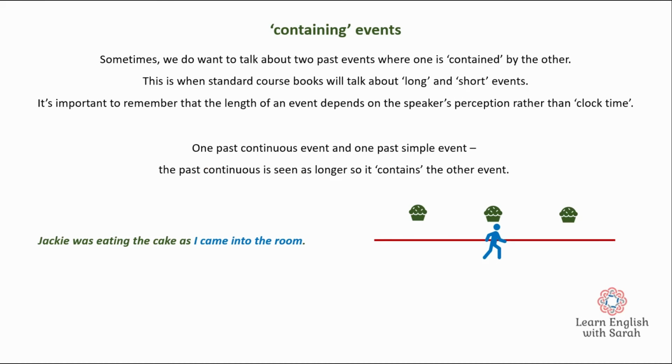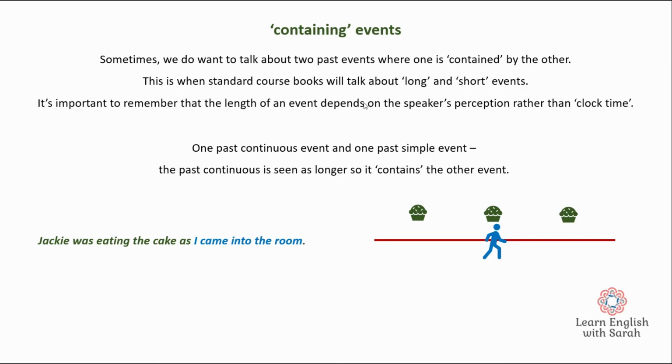And then going back to these long and short events, sometimes we do want to talk about two past events where one event is contained. So if you contain something, you kind of put it around. If something is contained, something else is going around it. So sometimes we have a situation where one event is contained by the other.